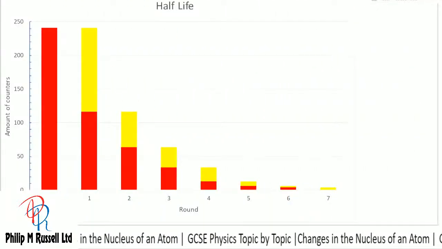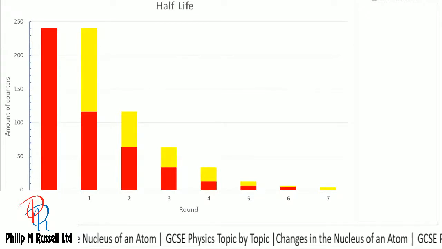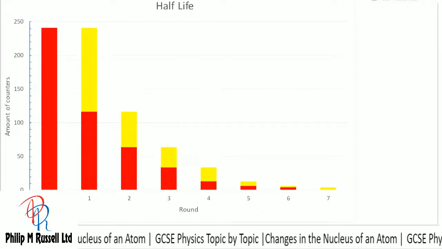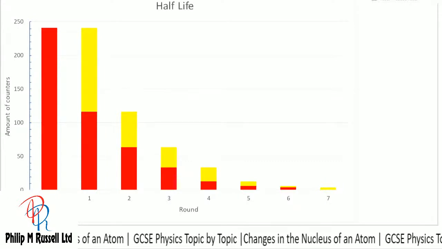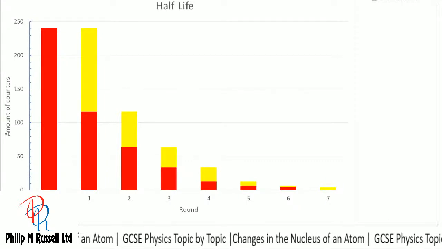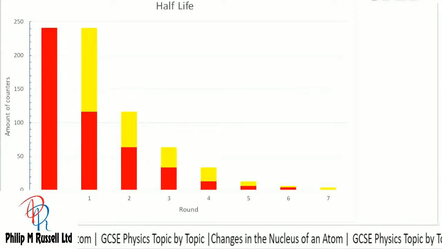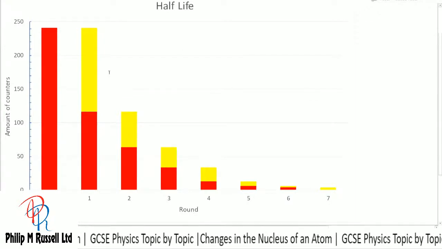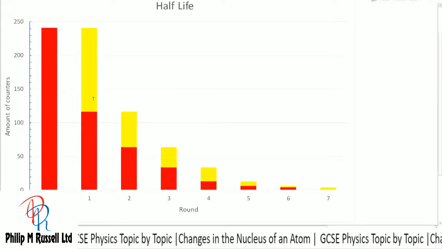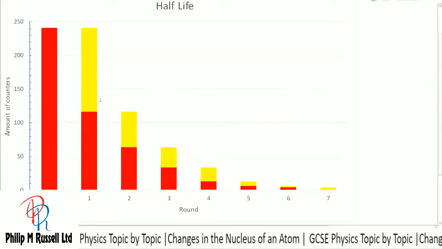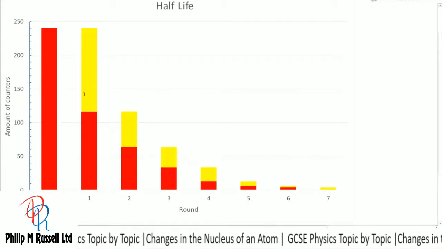I start off with all my counters, and they're all orange to start with. We then shake them up, tip them out, and half of them you can see are yellow and half are red, and then I could perhaps chuck away all the yellow ones. We've changed this red substance into yellow.